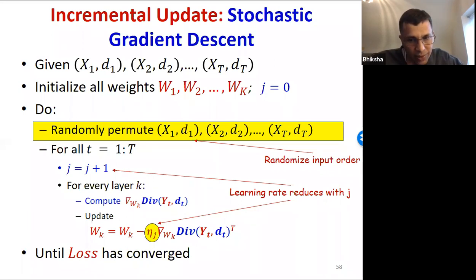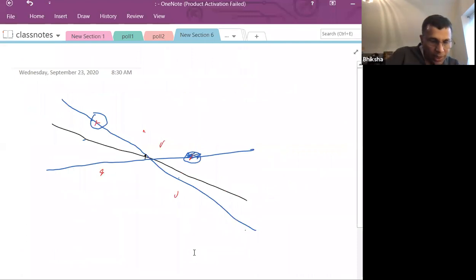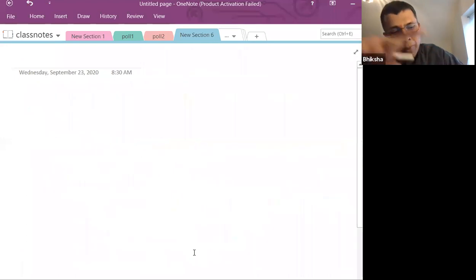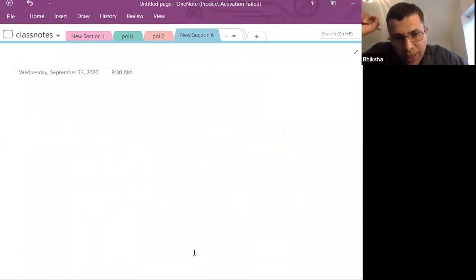Assuming I have done this, let's go back to this problem. Can you think of any conditions? We've agreed that the learning rates must shrink with iterations. Can you think of any conditions that would apply for this whole process? Anyone?